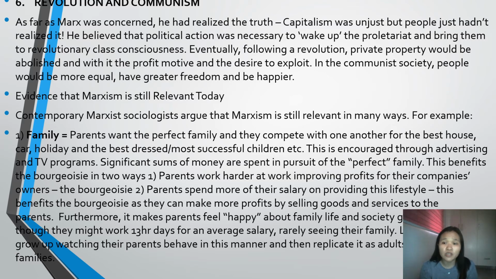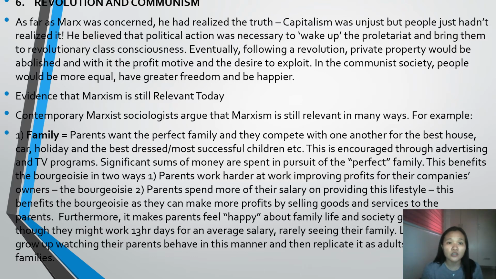In the communist society, people would be more equal, have greater freedom, and be happier. So, ang alam noon ni Marx, okay, parang ginigising niya yung mga proletariat or yung mga workers para magkaroon ng revolution. So, yan yon.